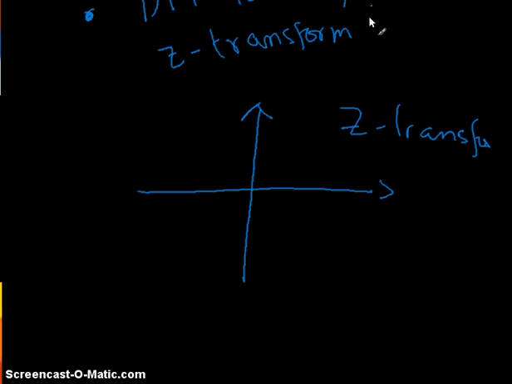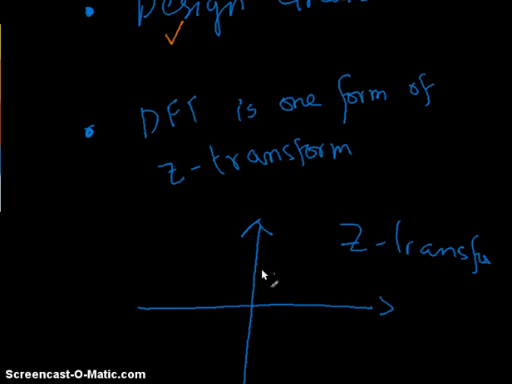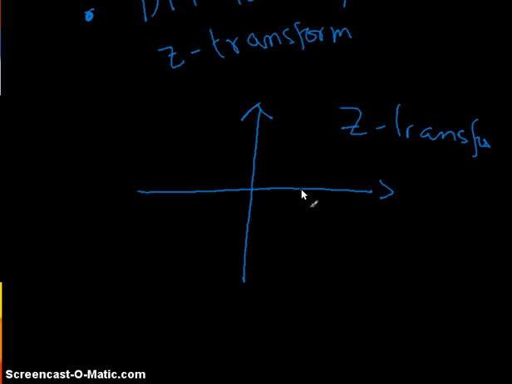As I said, DFT is one of the forms of Z transform. So if this is my whole Z transform plane, what is the DFT? It is just one part of it.